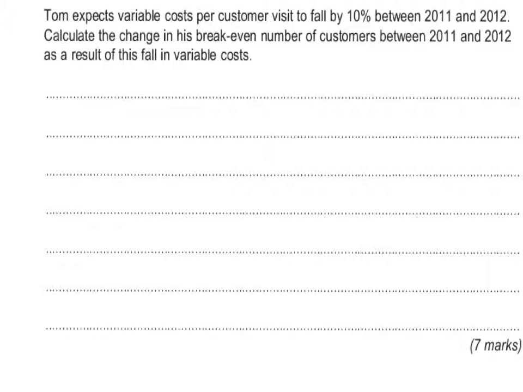For calculating just the break-even for 1 year, the most you can achieve is 4 marks. Again, show the examiner your understanding of break-even by providing the formula. Break-even equals fixed costs divided by contribution per unit.